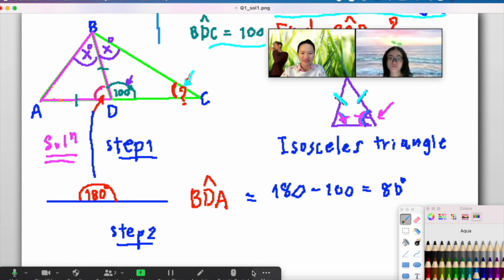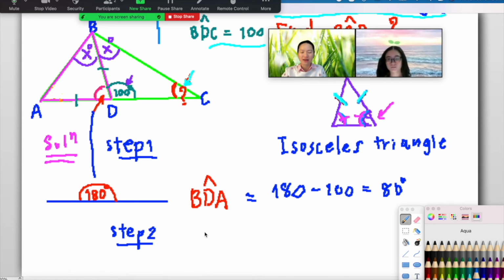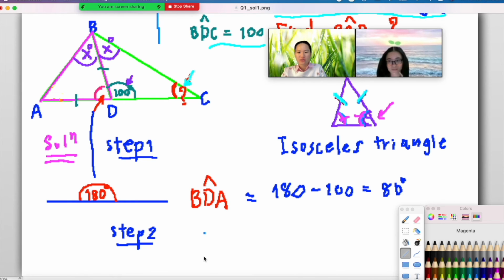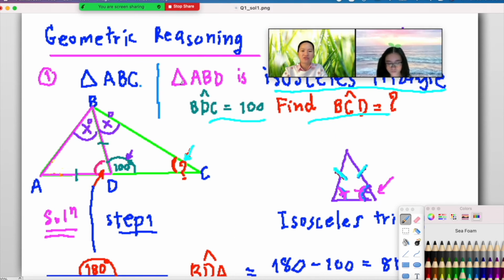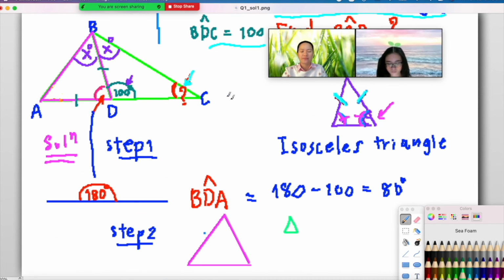We are in this step. I put this one back. Step 2. I know that this triangle, let me write down here super quick. You see from here the triangle. From the question, they said that the triangle ABD is isosceles.